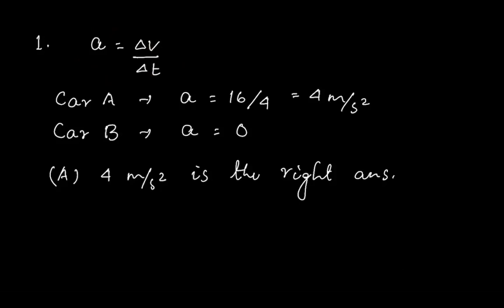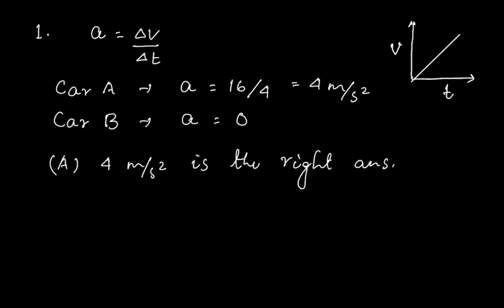Whenever you have a velocity time graph, with velocity on the y-axis and time on the x-axis, the slope of this graph would be acceleration. For car A, the slope was 16 divided by 4, which is 4 meters per second squared. For car B, it was a horizontal line, so the acceleration was 0. So the final answer is 4 meters per second squared. Option A is the right answer.